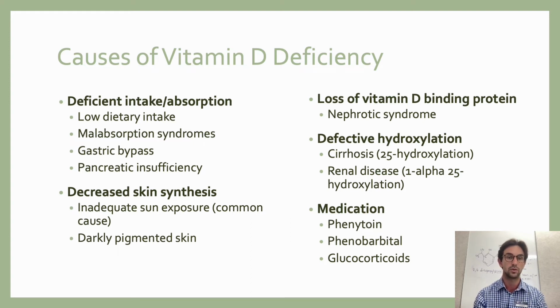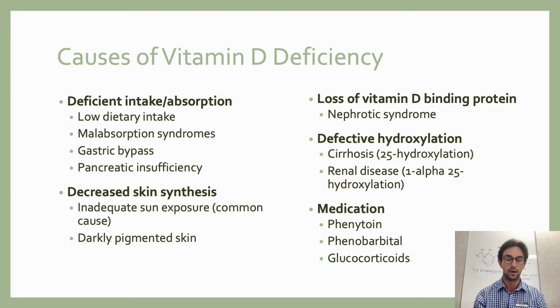Inadequate sun exposure is a common cause, again, amongst elderly people who are perhaps spending more time inside than others. And darkly pigmented skinned individuals generally don't synthesize quite as much vitamin D as others.